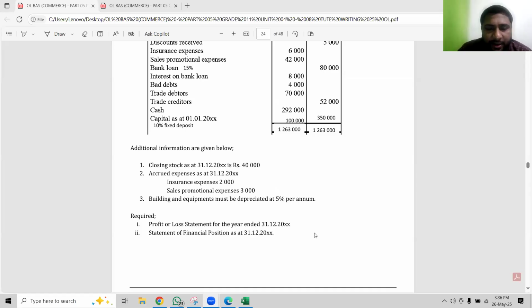They're asking us to prepare the statement of profit or loss and the statement of financial position. So these are the two statements they're asking us to prepare.